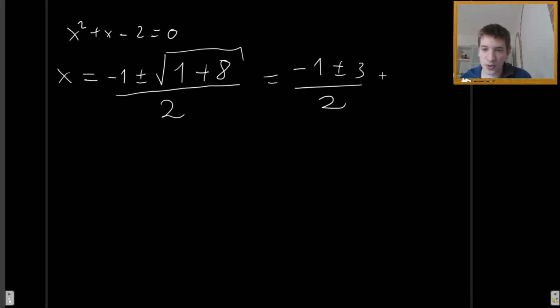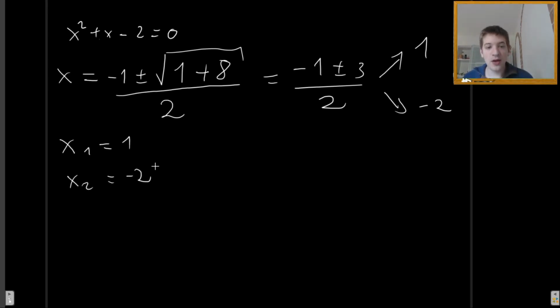So now we get two possibilities. Minus 1 plus 3, which is 2, divided by 2, so 1, or minus 1 minus 3, which is minus 4, divided by 2, it's minus 2. So our two possibilities are x1 equal to 1 and x2 equal to minus 2. Okay, so let's now put everything together.